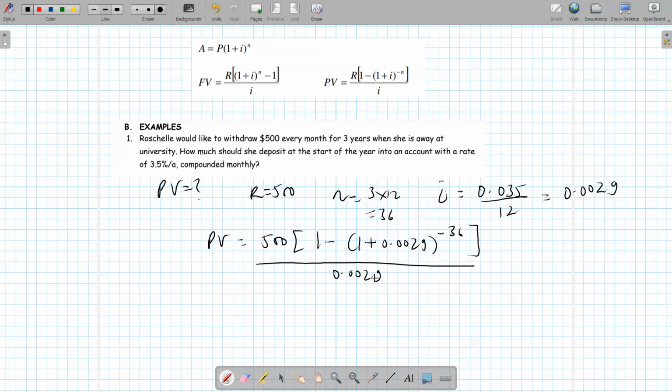Right. What do we plug in the calculator first? 1 plus 0.0029 to the power of negative 36. Okay, try that. I got 0.901. Okay, and then do 1 minus that.